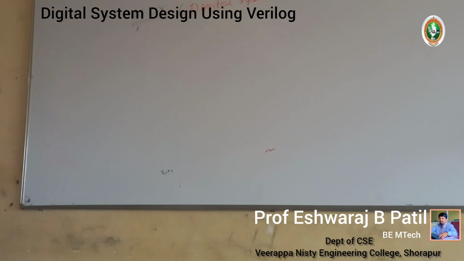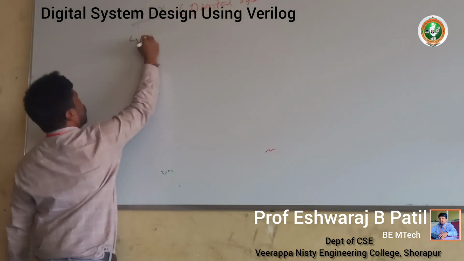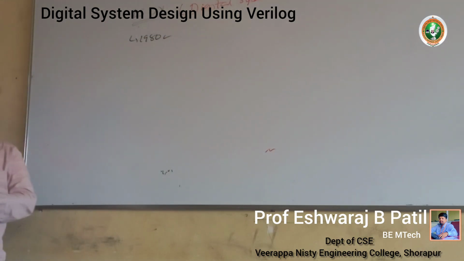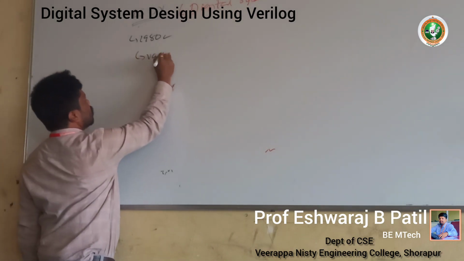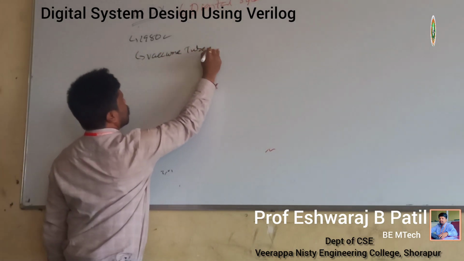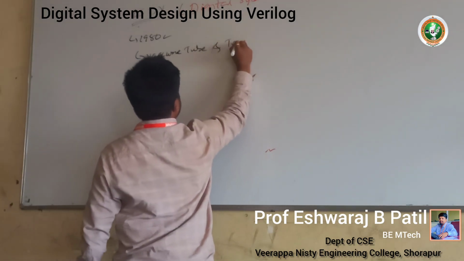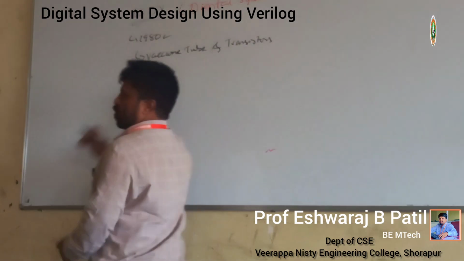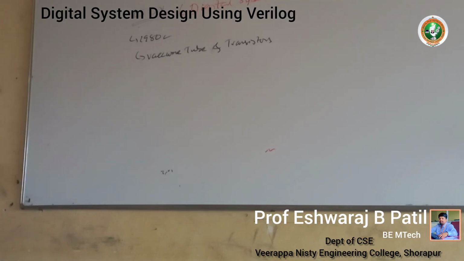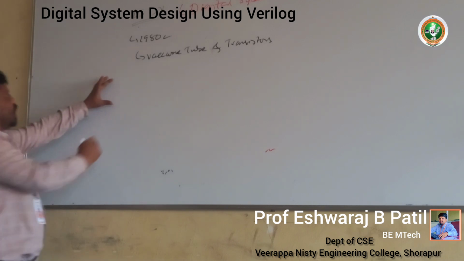Over the 25 years back, the 1980s, digital system designs were usually implemented with the help of transistors and vacuum tubes. These were implemented on ICs, integrated circuits.